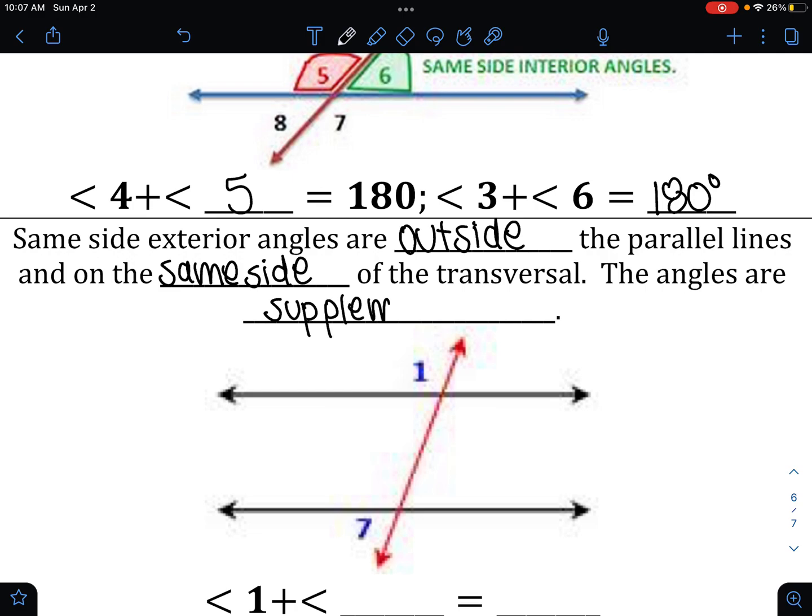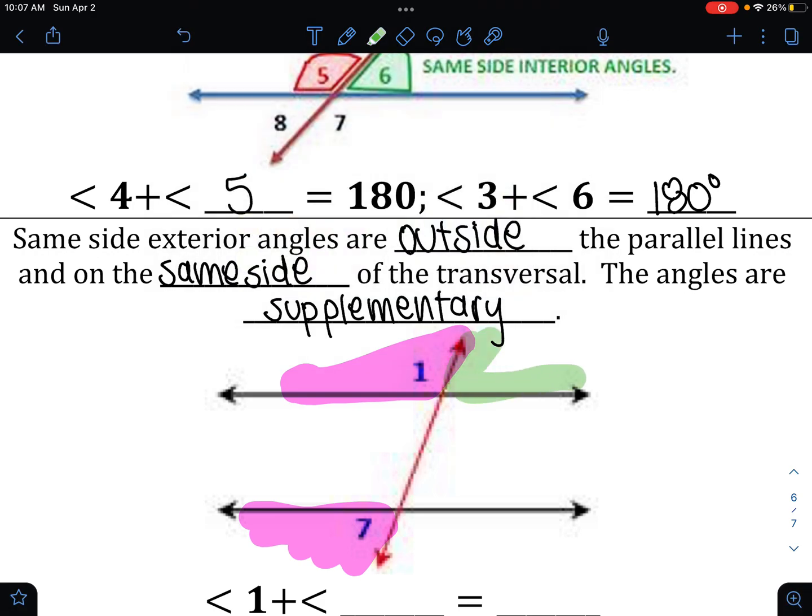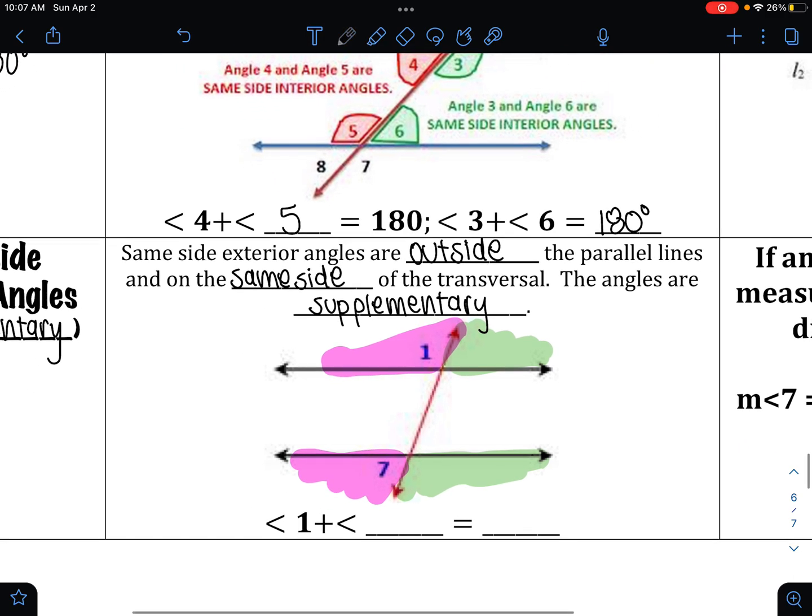Okay, so same side exterior angles are right here: angle 1 and angle 7. Another pair that is not labeled would be, let's say, angle 2 and angle 8. So angle 1 and angle 7, we know that they're supplementary, so supplementary means 180 degrees.